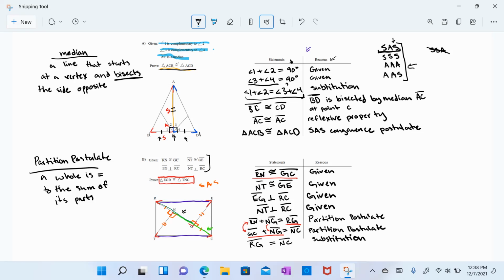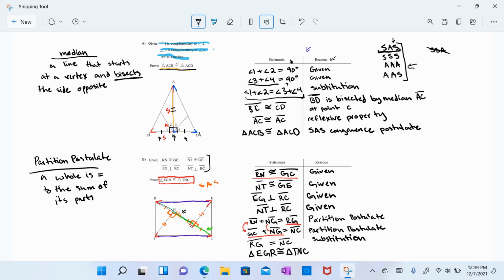So now that we proved that RG and NC are congruent, we have enough to justify that triangle EGR is congruent to triangle TNC.